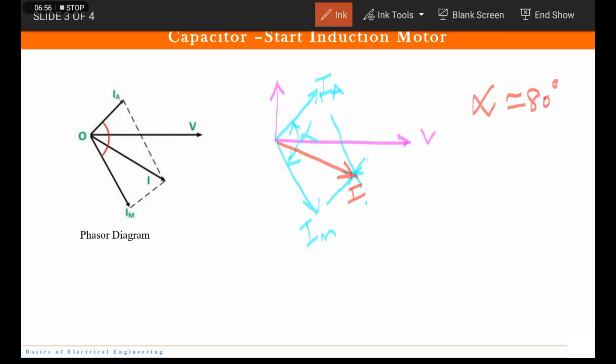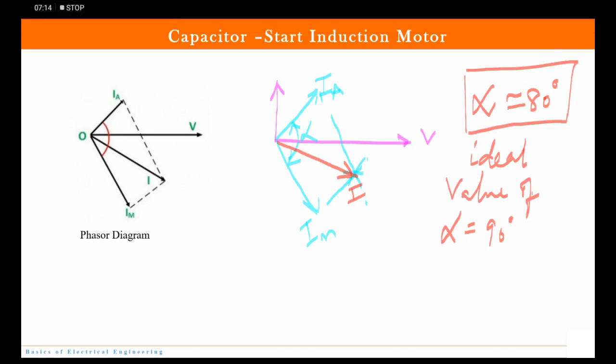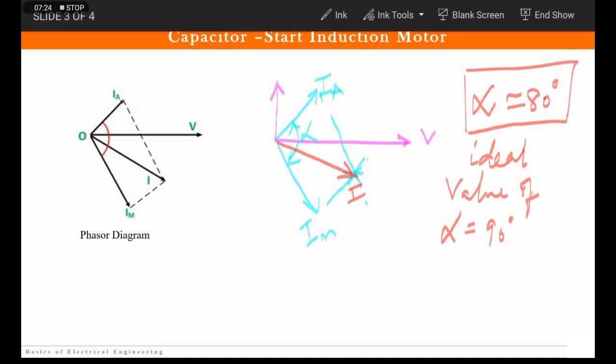The ideal value of alpha is 90 degree. So this value is quite high, and that is why we say that this type of starting method is quite popular. Okay, so I think you have understood the working.